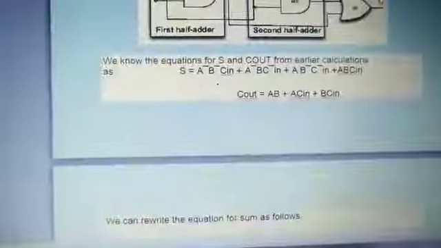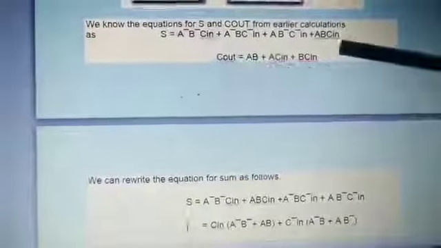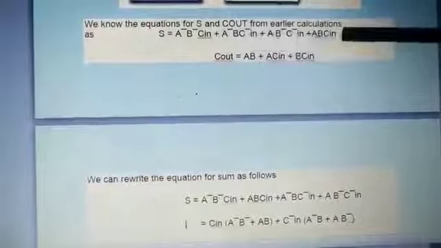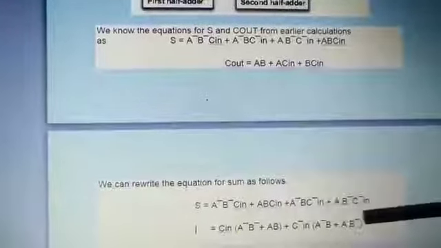Now I am arranging the first equation. In these Boolean terms C in is common, so I arrange C in and C bar in on the right hand side.